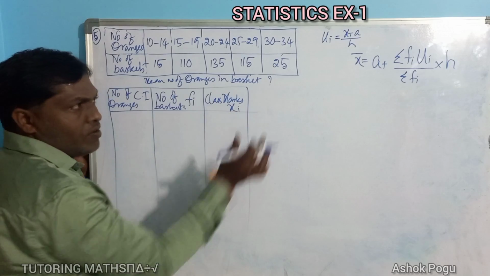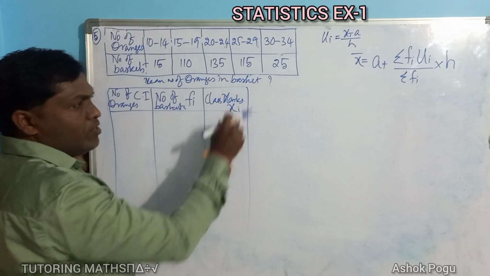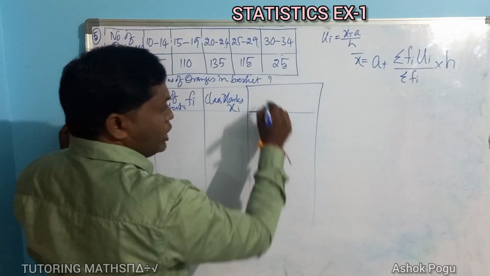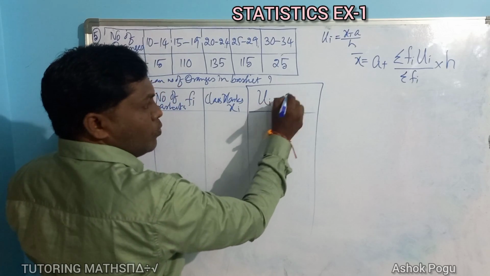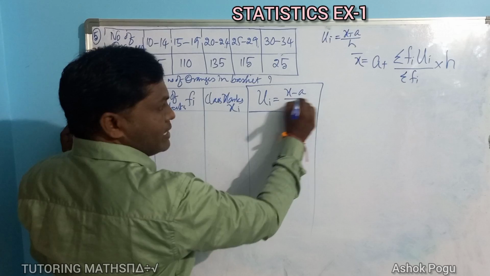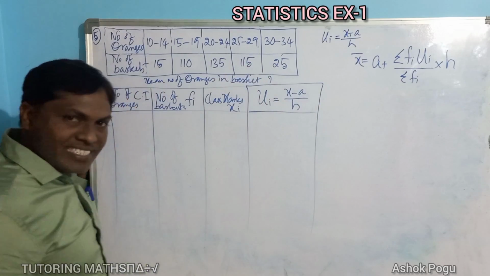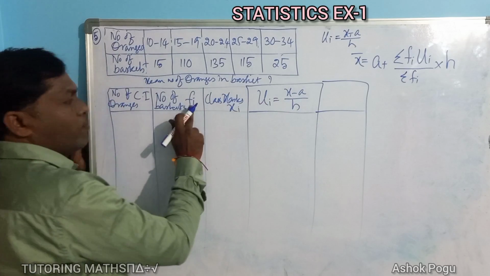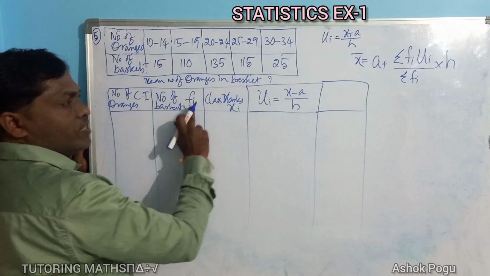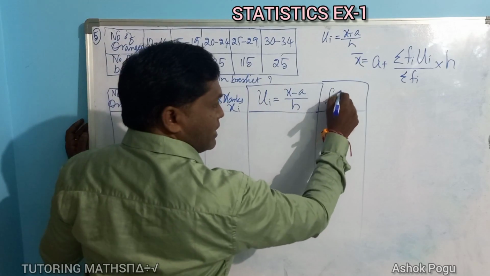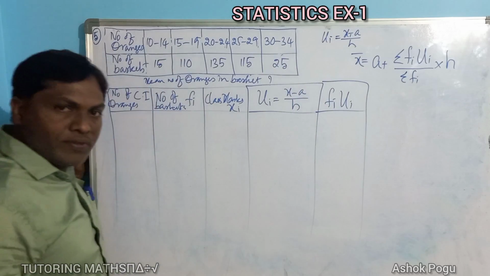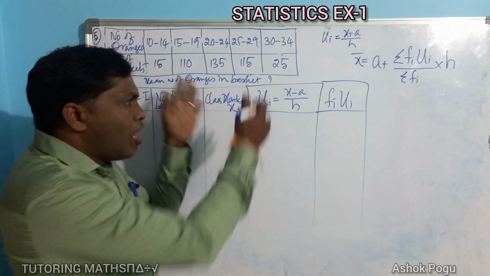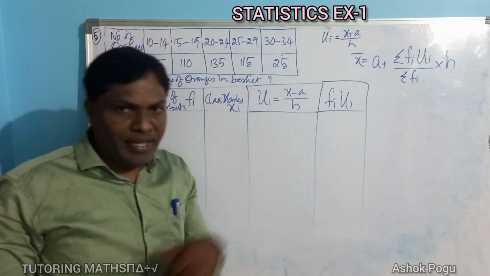Here we assume one of the mean values as small a. Next we should find u. What is u? X minus a by h. Then in the last column we find the product of f and u, that is fi ui. So once you write the formula, you will come to know how many columns have to be prepared.